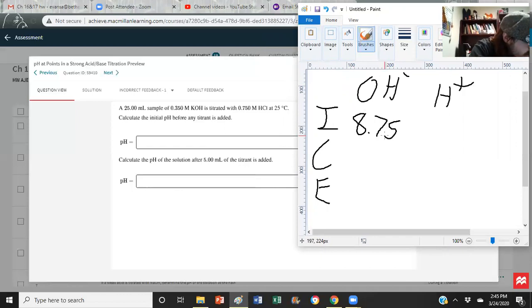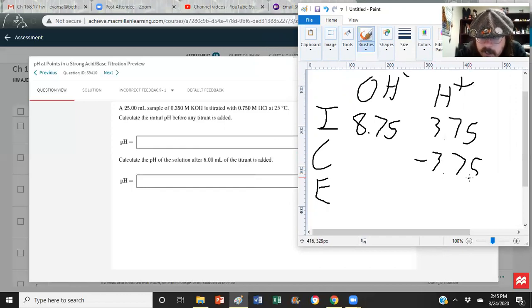Now we have 0.75 molar acid and 5 mL of that, so it's 3.75. So in this titration, we're going to neutralize acid with base until one of them runs out. So after 5 mL, we have 5 millimoles of base left.